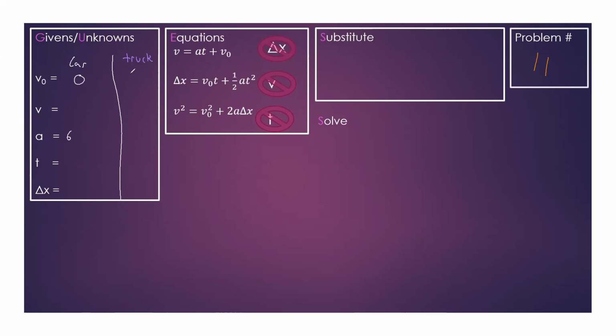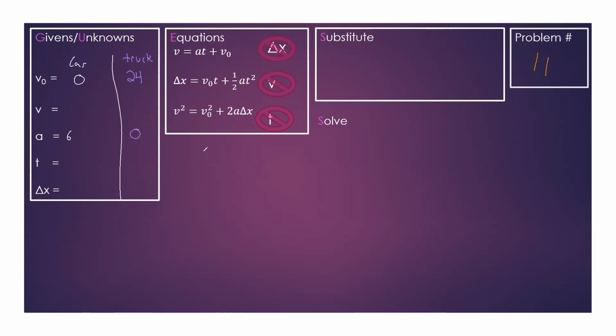Okay, so this is the exact same setup as 11, so I should have actually done these as the same problem, where here we have an initial velocity of 24, and here is an acceleration of 0.